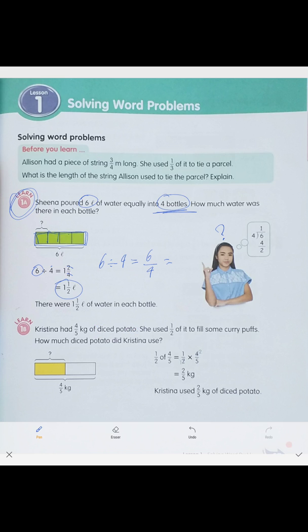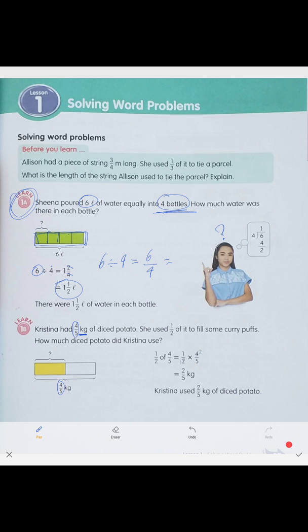Another really confusing part for you is that they will give you a fraction and the mass, right? So they show you the mass, and it's not going to be a whole number. It's not going to be 1 kilogram, 10 kilograms, 5 kilograms, right? It's going to be a fraction. So that's what confuses many people.